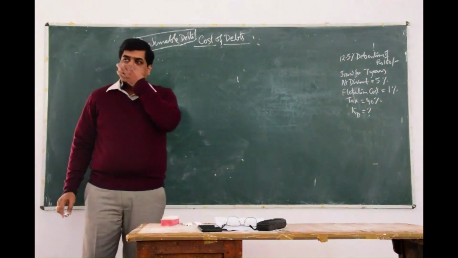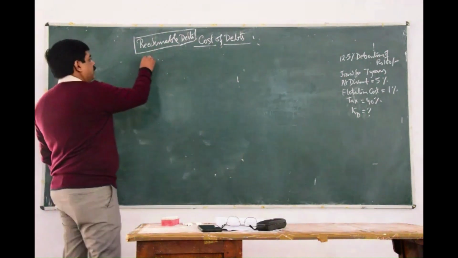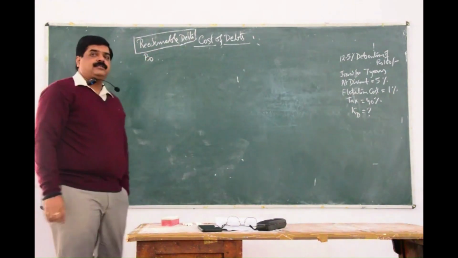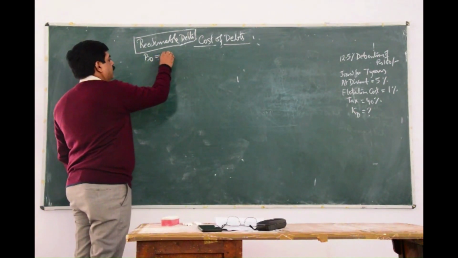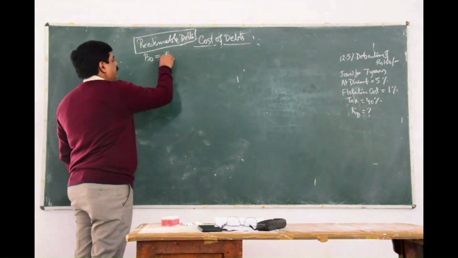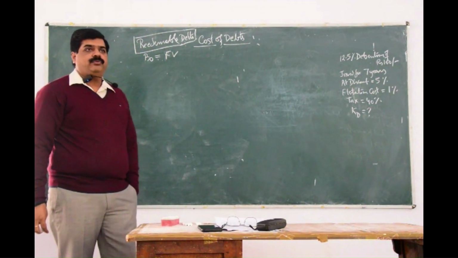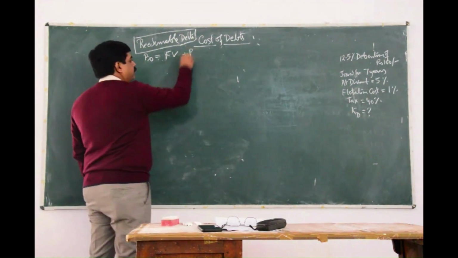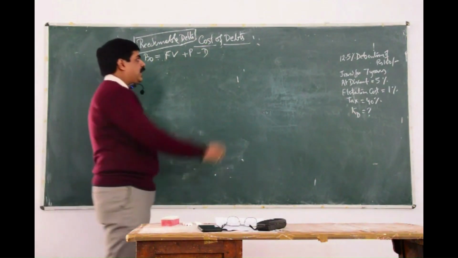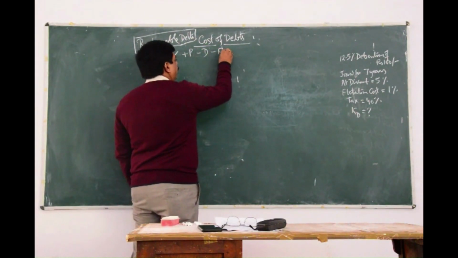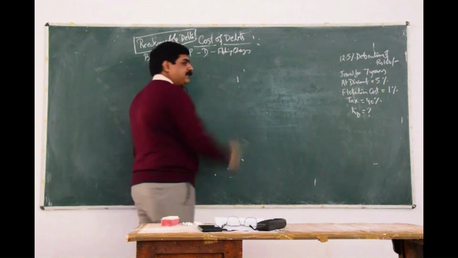Now the first aspect is that we are supposed to calculate the issue price. Now see, issue price basically must have some face value. To the face value we add the premium, minus the discount, and minus the floating charges or floating expenses.